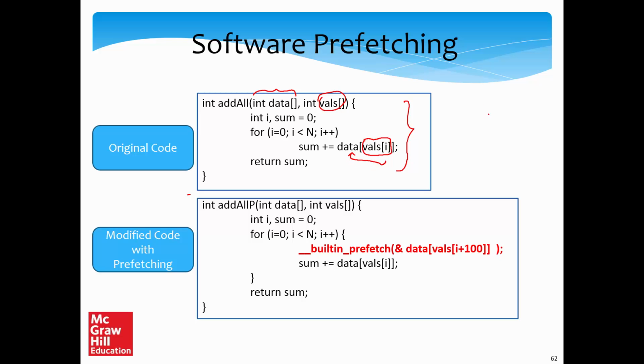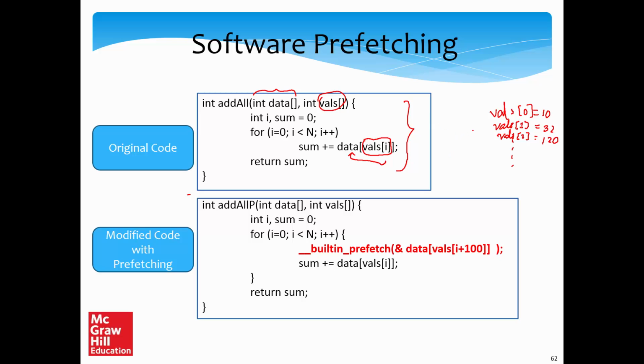So for the vals array, we are accessing vals 0, then vals 1 and so on. But assume vals 0 contains 10, vals 1 is 32, vals 2 is 120.